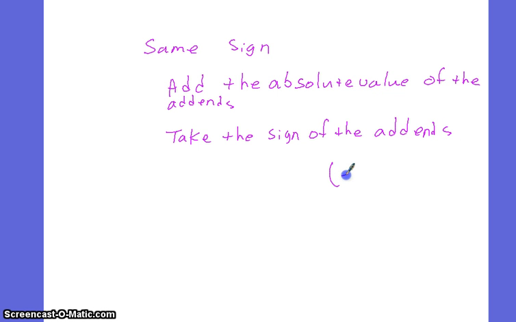So for example, -12 plus -3. Okay, both my addends have the same sign. My answer is going to be negative because they're both negative, and 12 plus 3 is 15. Then I know that I'm going to be all set.